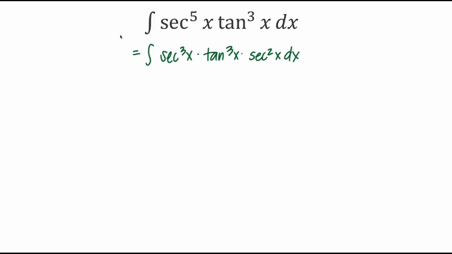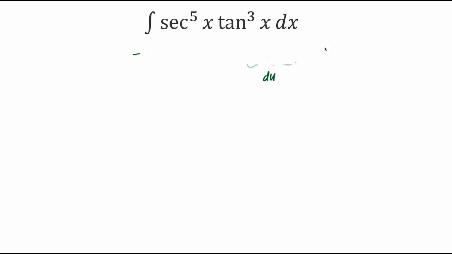If this was the right method, secant squared x dx would be du, so u would have to be tangent x. Well, I have tangent cubed x here, and I would have to rewrite secant cubed x as a function of tangent x, but I can't rewrite secant cubed x using the Pythagorean identity. It would need to be secant squared. So this didn't work to save a copy of secant squared x dx.